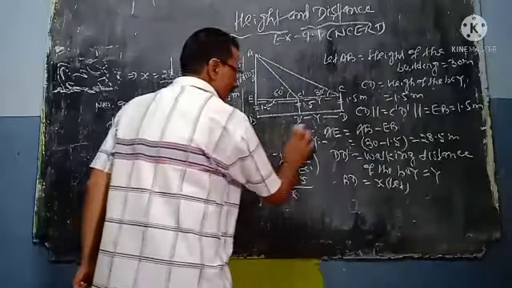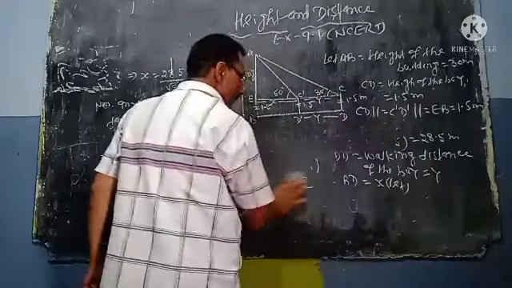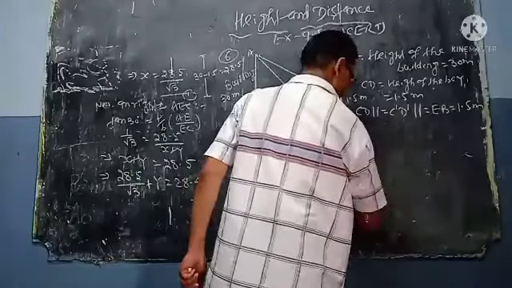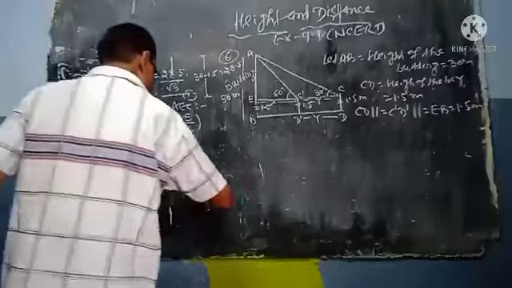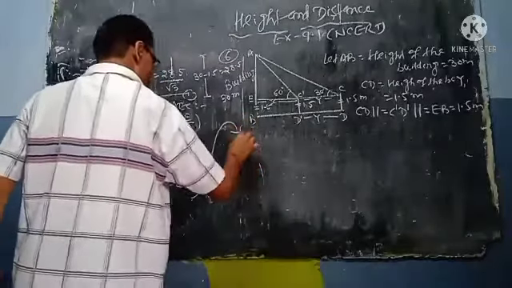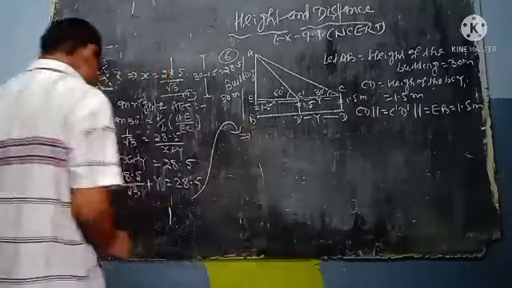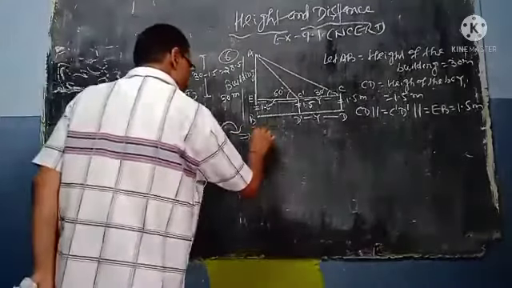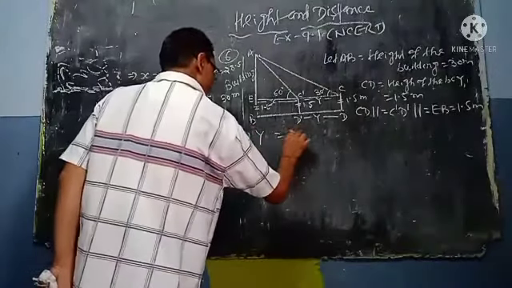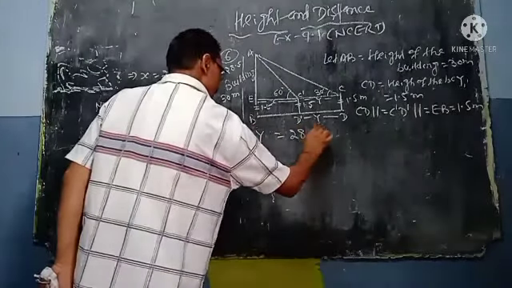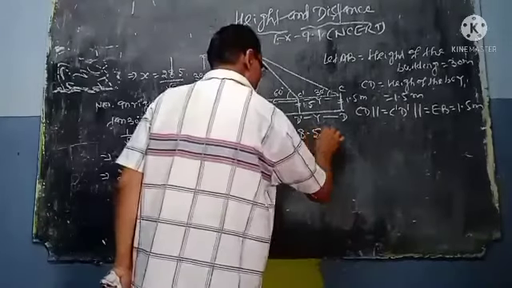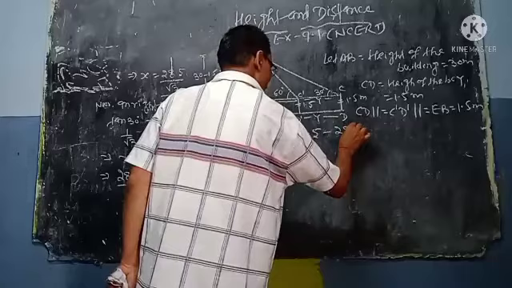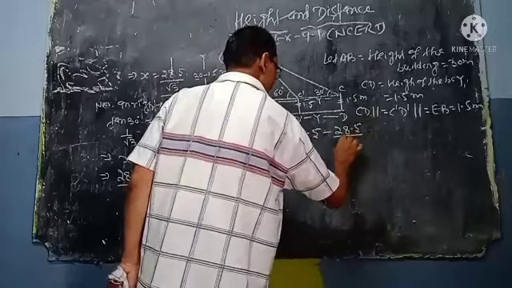So now we have erased this part, and now come here. So y will be equal to 28.5 minus 28.5 by under root 3.